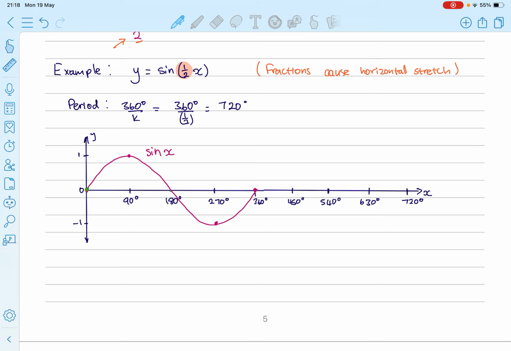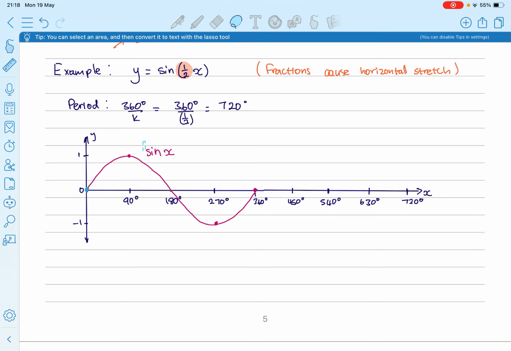We are dividing by a half, which is essentially the same as multiplying by 2. So 0 multiplied by 2 remains at 0. However, this coordinate over here, which was at 90, we multiply 90 by 2, that's 180, meaning that the maximum has now shifted to somewhere over there.